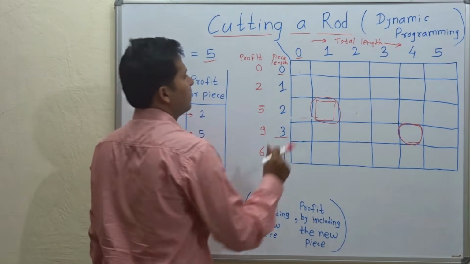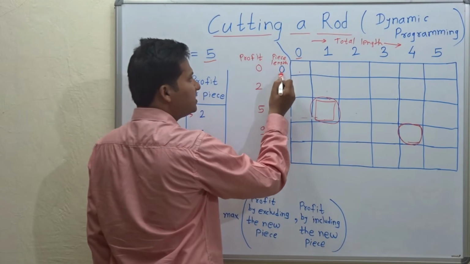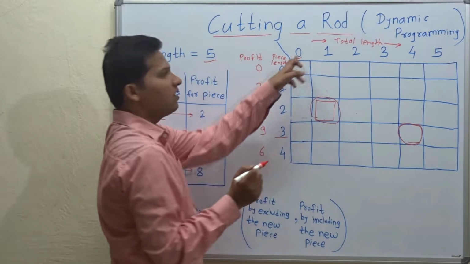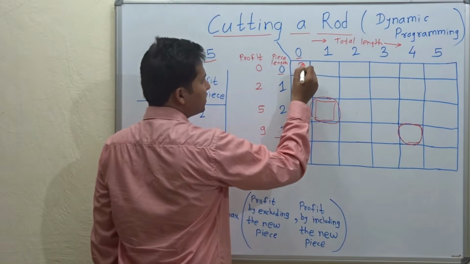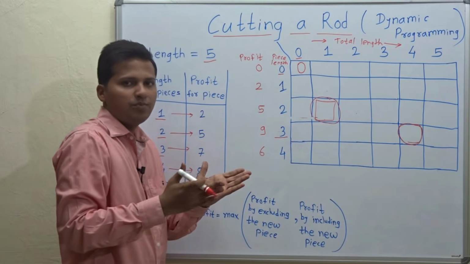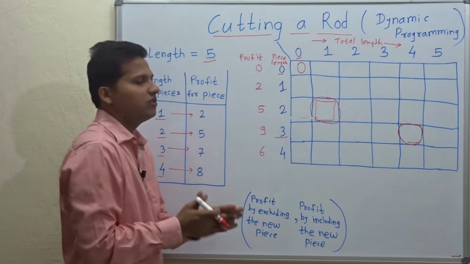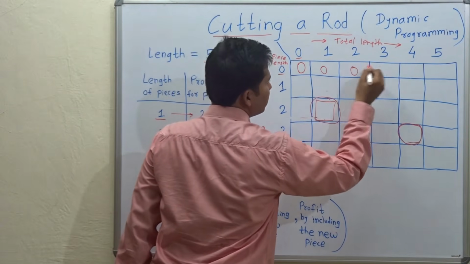Let's begin. See, if you have a piece of length 0 and you want to make the total length as 0, then how much profit will you get? Obviously 0, because there is nothing like a piece of length 0, that's just hypothetical. So all the cells in this row will be 0.